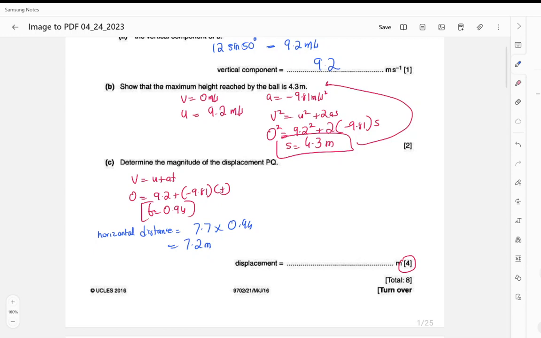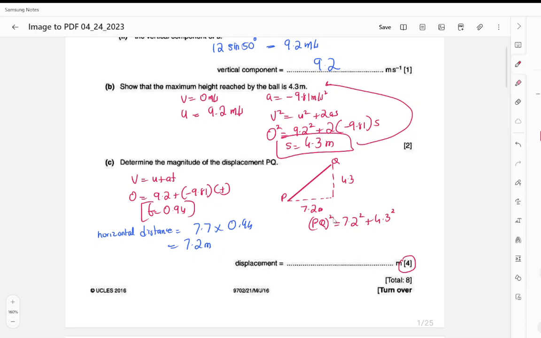अच्छा, इसका मतलब है कि जो हमारा ट्राइंगल बना है वो कुछ इस तरीके से था. This was P, this was Q, and this distance is 7.2 meters, और जो हमारा maximum height थी was actually 4.3. So let's just use Pythagoras theorem. तो Pythagoras theorem use करेंगे हम लोग, तो ये हो जाएगा 7.2 का square plus 4.3 का square, and this should be equal to PQ का whole square.